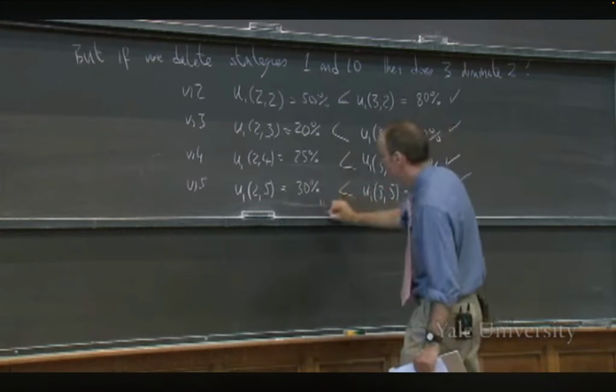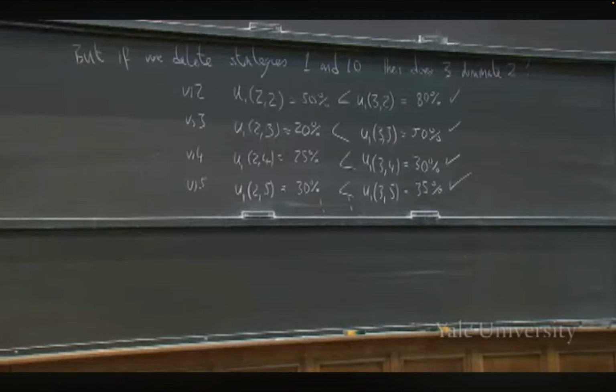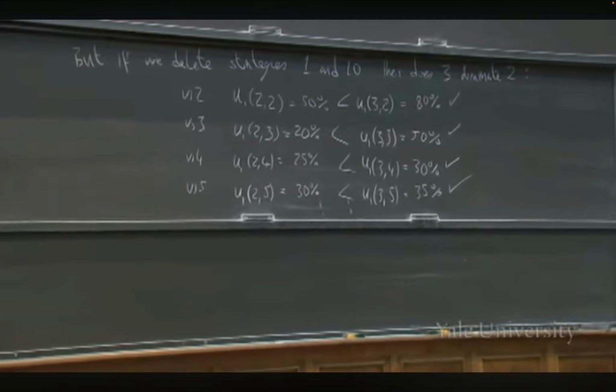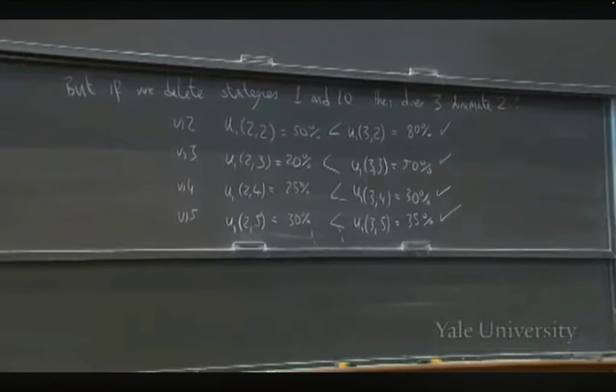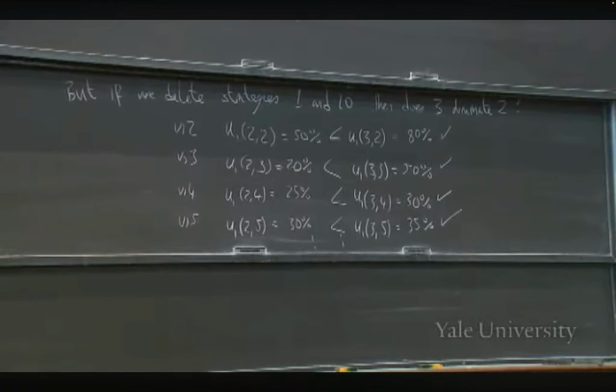And again, you can see exactly the same pattern is going to emerge here. From here on down, choosing 3 always gets me 5% more of the vote than I would have had from choosing 2 against any of these higher numbers. The same pattern Stephen pointed out before.